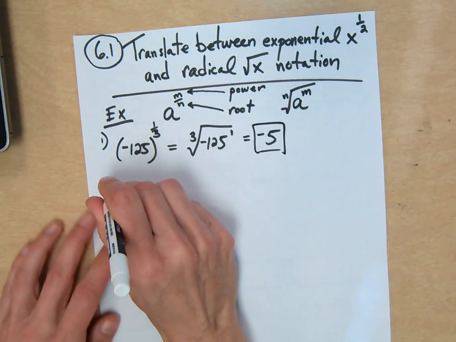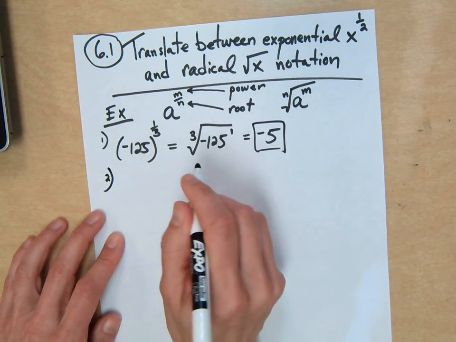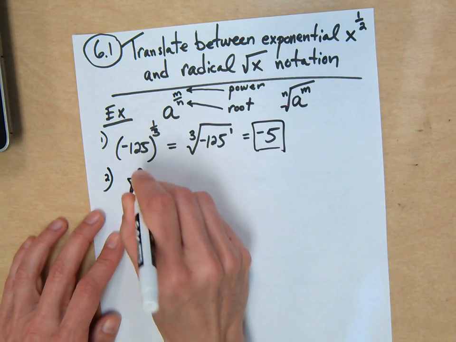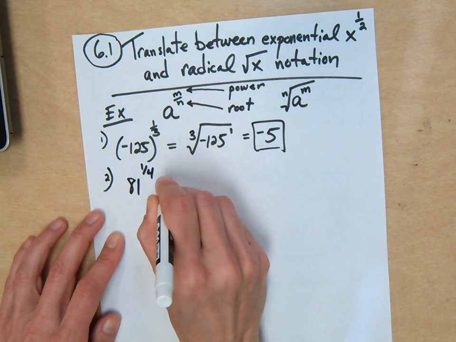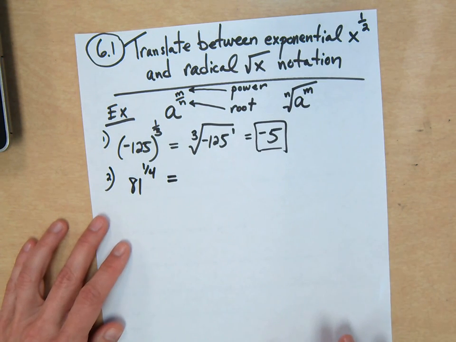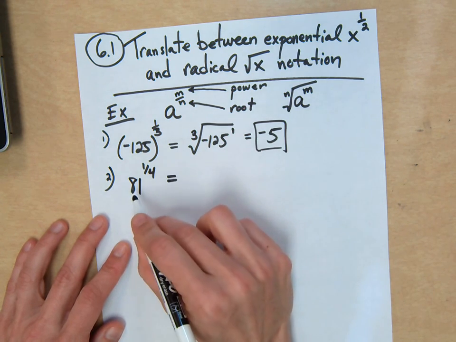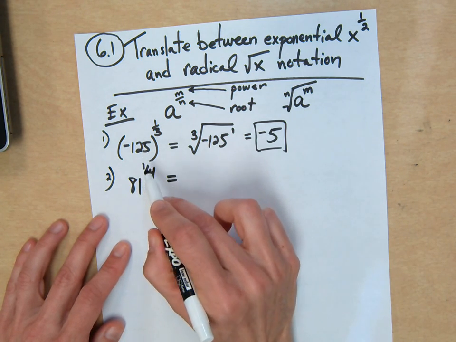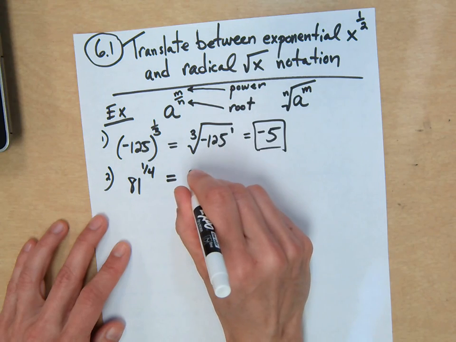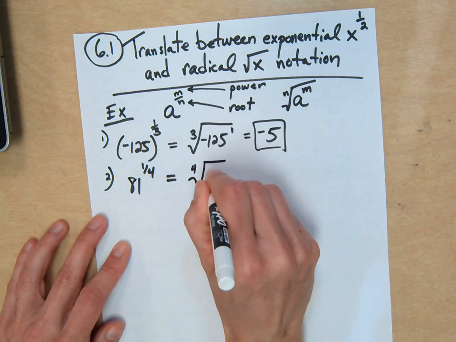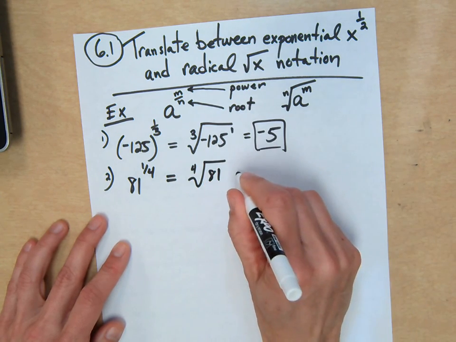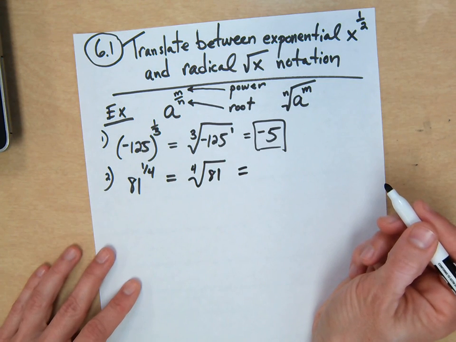Let's try another one. Number 2: 81 to the 1/4 power. What root am I taking here? The 4th root. So it says 81 to the 1 power, which is the same as 81, and then take the 4th root. So it's really just asking for the 4th root of 81.